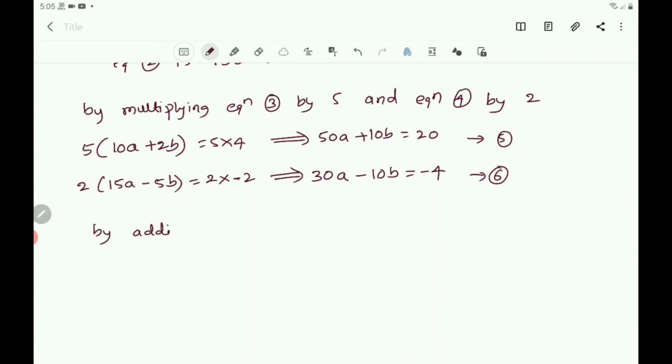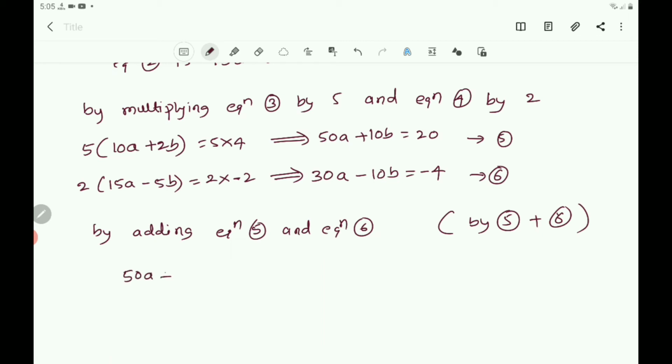So you can do it by adding equation 5 and equation 6, that is equation 5 plus equation 6. Then you write 50a plus 10b equals 20, plus 30a minus 10b equals minus 4.